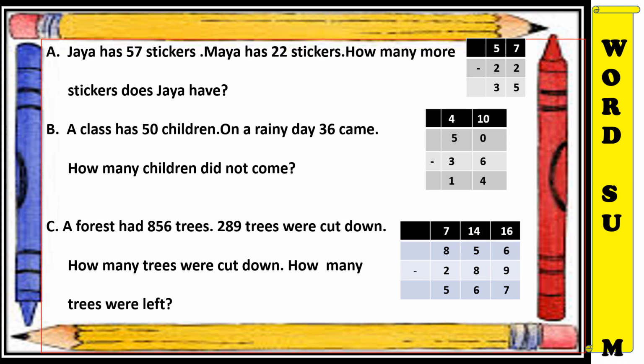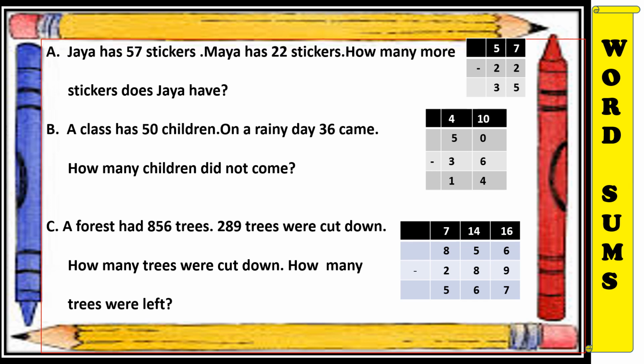So children, we will subtract the total number of stickers that Jaya has minus the total number of stickers that Maya has. 7 minus 2 equals 5. 5 minus 2 equals 3. So the number of stickers that Jaya has more than Maya is 35.